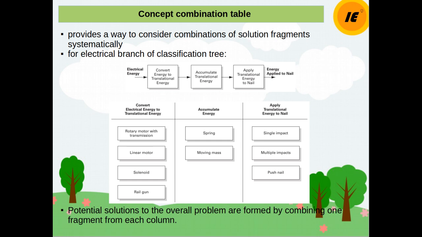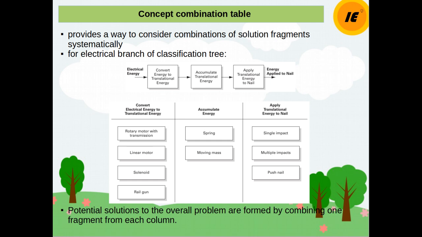The concept combination table provides a way to consider combinations of solution fragments systematically. In the second figure here, you can see an example of a concept combination table that the team used to consider the combination of fragments for the electrical branch of the classification tree. The columns in the table correspond to the subproblems identified in the first figure.